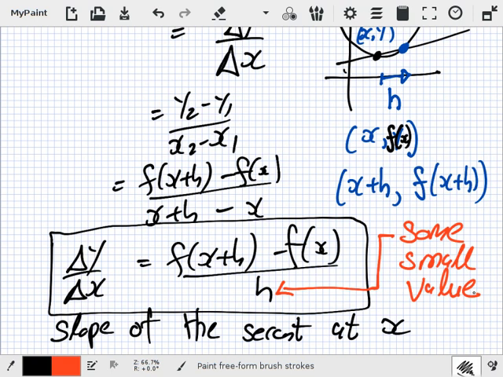But if you had to pick an h, which has happened once or twice, 0.1 is a good small value. You don't want to pick a value so small that your calculator won't take it, and you certainly don't want to pick a value too big. So 0.1 is usually okay.